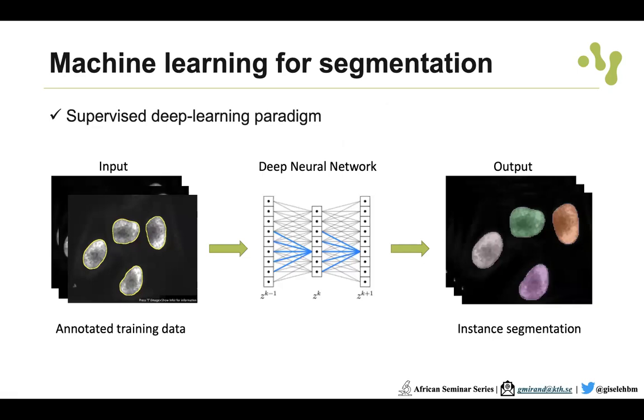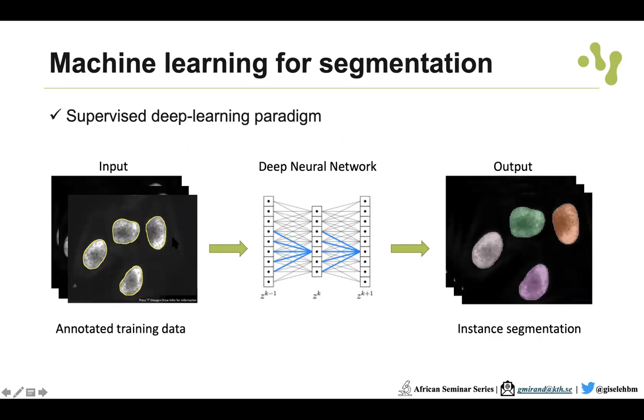We also have approaches based on machine learning for segmentation. They are more recent, but are being more used now, gaining more attention and solving problems that are difficult to solve with more classical workflows, let's say with thresholding. Here's what we call a supervised paradigm. We have an input data set of annotated training data.